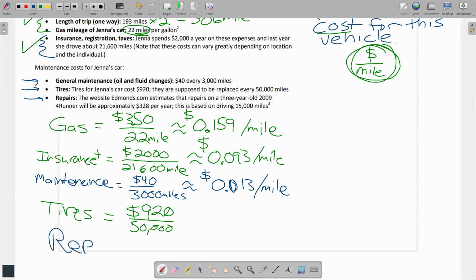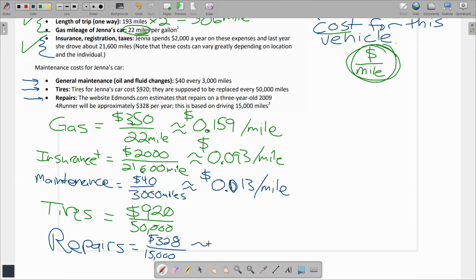Then we'll do our repairs, which on average, according to Edmunds.com, for this vehicle is about $328 per year, if the person drives about 15,000 miles per year. So for that one, I'm getting 328 over 15,000.